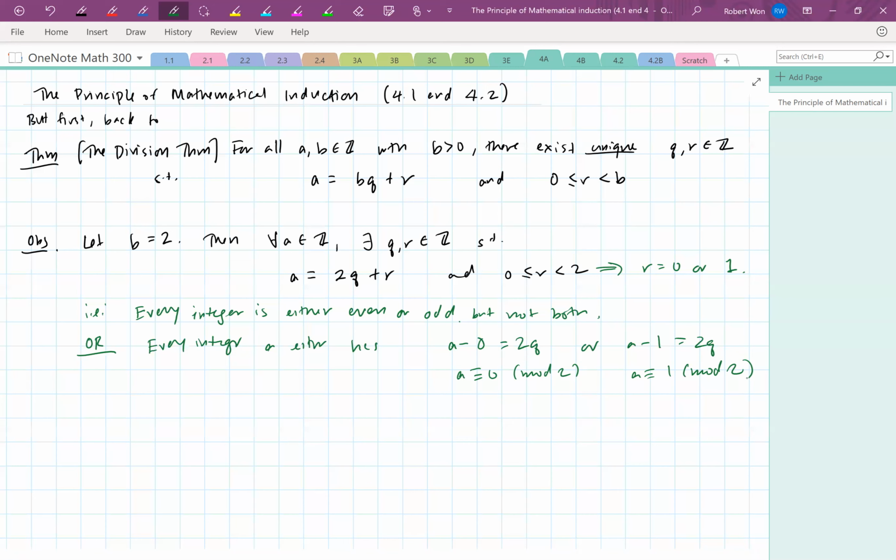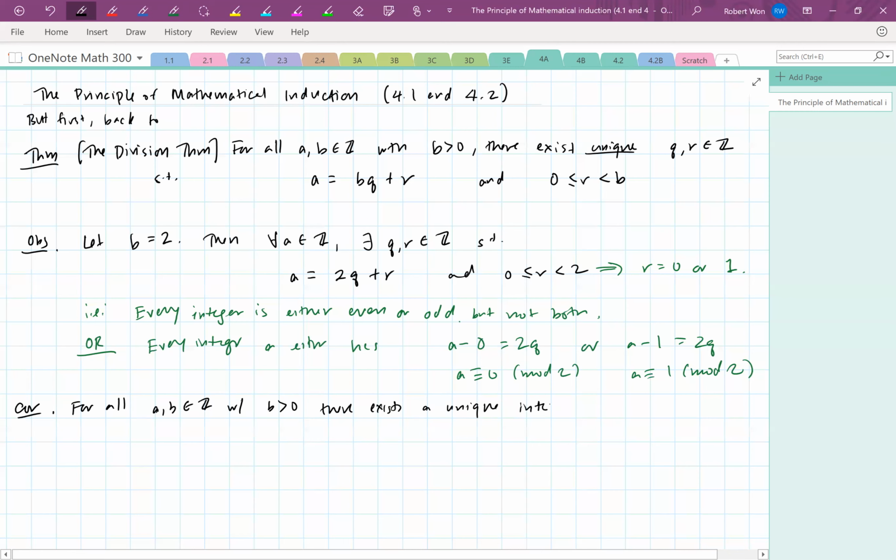So with this view of the situation, there's a nice corollary of this theorem, which works for any modulus n. So for all integers a and b with b greater than 0, there exists a unique integer r with 0 less than or equal to r less than b, such that a is congruent to r modulo b.